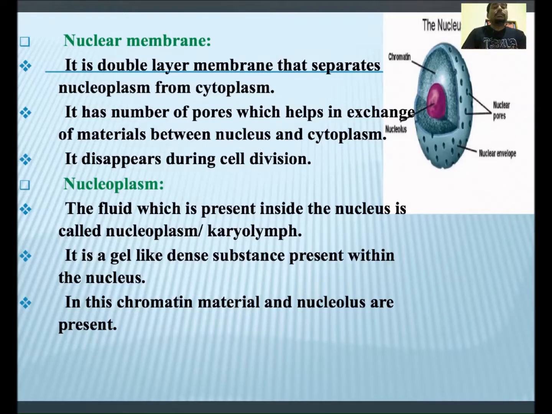During cell division, nuclear membrane disappears, but in some organisms, nuclear membrane is already absent, and such organisms are called prokaryotes. And in prokaryotes, the nuclear region contains only nucleic acid, and this nuclear region is called nucleoid.